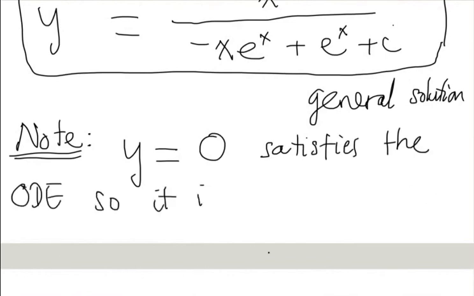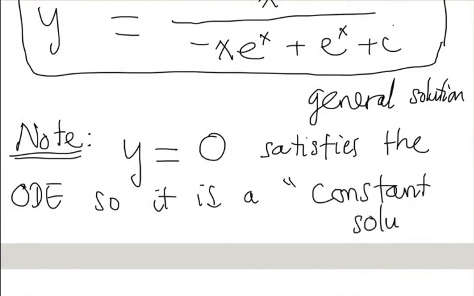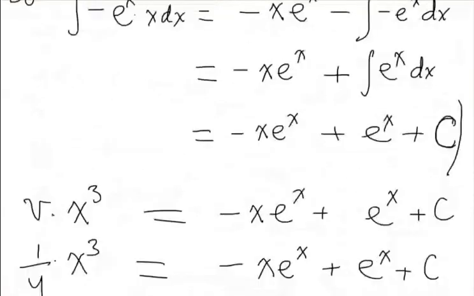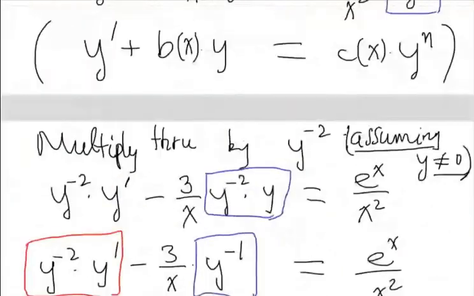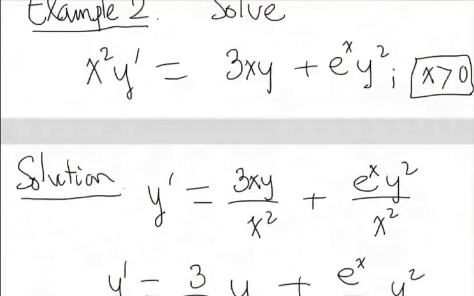We saw this in the previous topic, it's a constant solution. Now let's see why y equals 0 satisfies the differential equation. Go back to the very beginning. This is the differential equation.